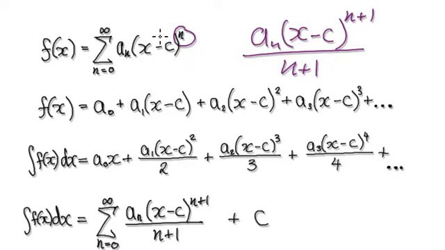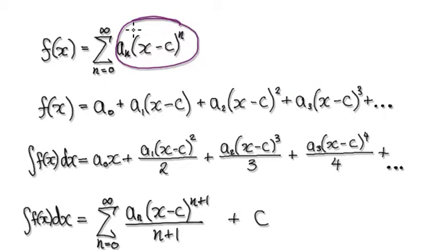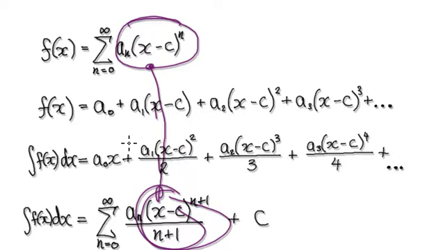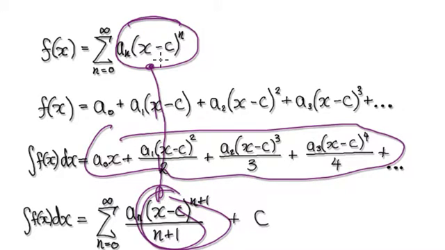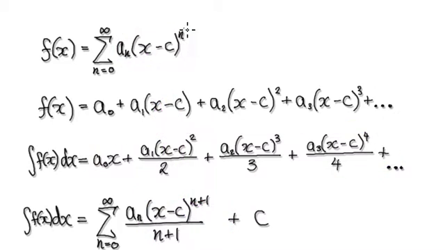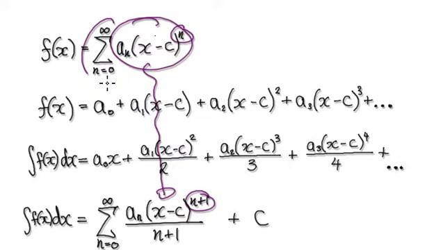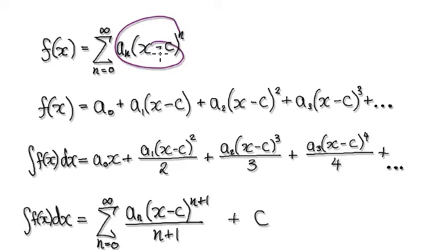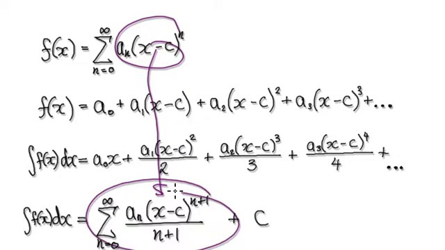The point I'm trying to make is that you can integrate it straight away from here all the way to here without having to go through each individual term. Look, to the power of n plus 1. It's very similar to how you would integrate normally. It will still work with summation as well. So when you integrate this, it will give you this.